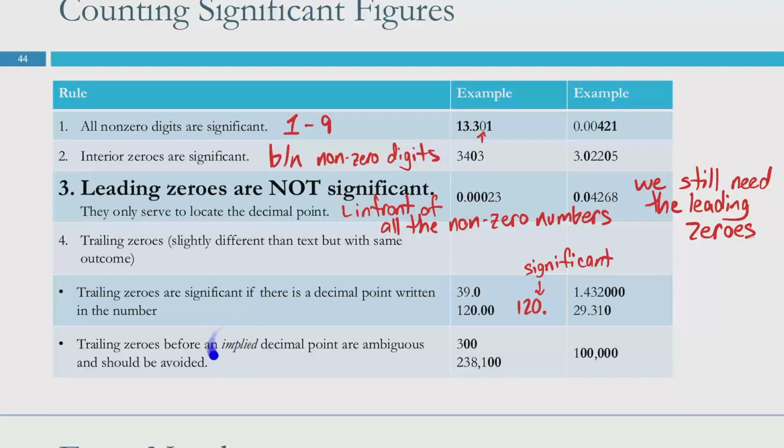If we have an implied decimal place, where our decimal place isn't written, like in the numbers 300, 238,100, 100,000, it's unclear, depending on who you ask, if those zeros are significant or not. Some instructors would say that those zeros are significant. Other instructors would say just flat out they're not significant. It's safe to just avoid them.